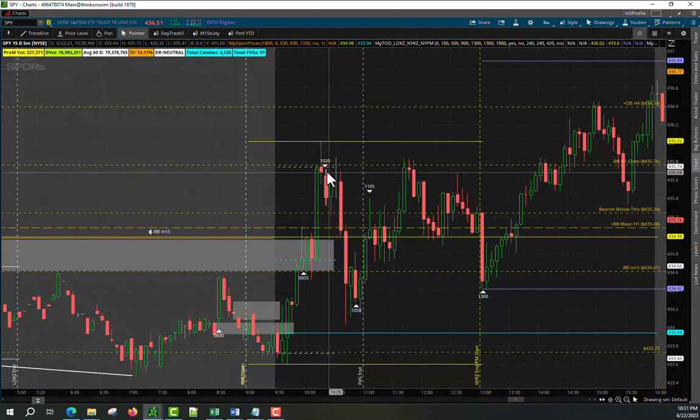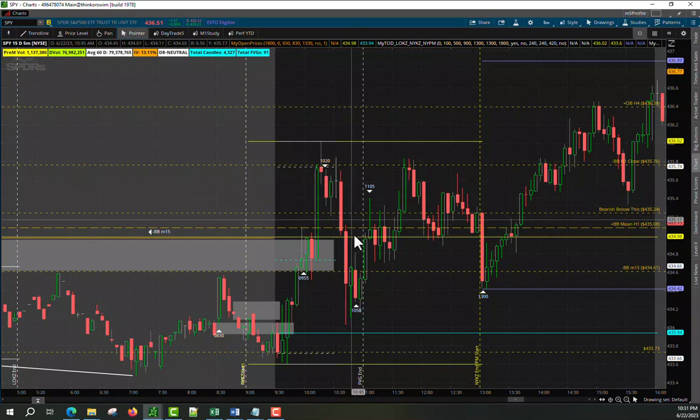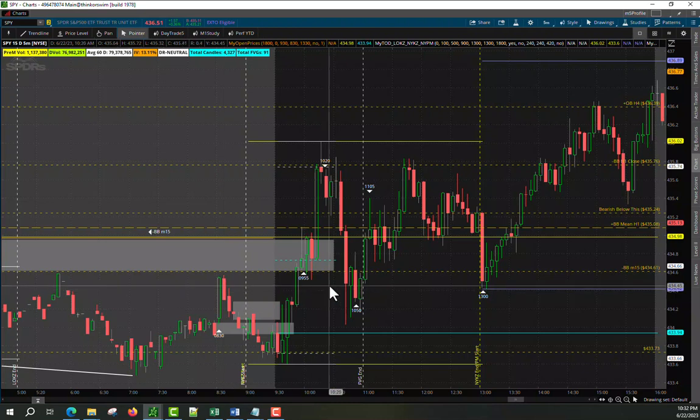You remember on the 1-minute time frame we saw the double top right here. This is how it looks on the 5-minute time frame. So you can see this is a unicorn setup, and it retests twice for us.